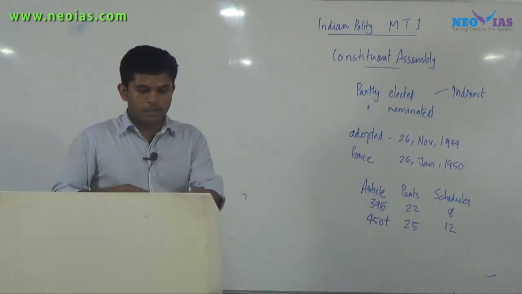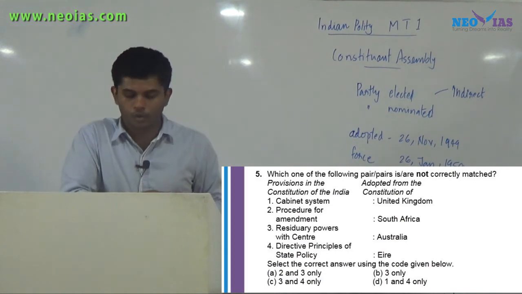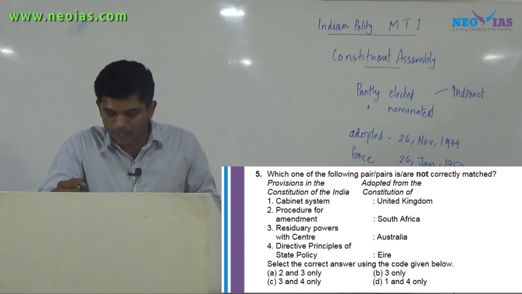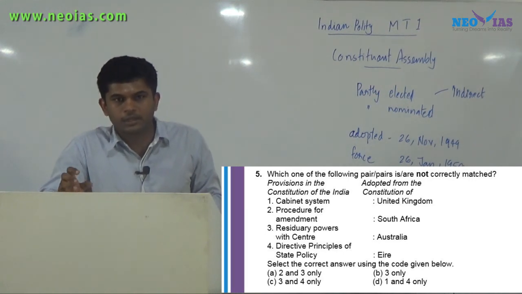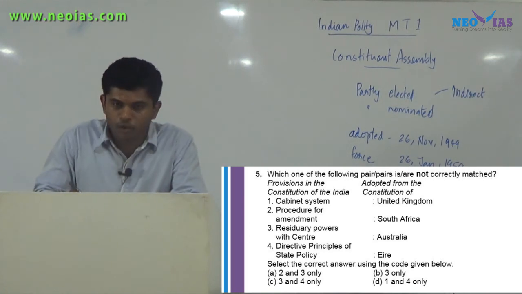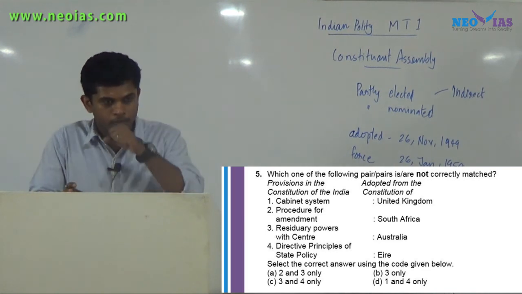Now we will go to the fifth question. The fifth question is about sources of the Indian Constitution, and it is also a statement-wise question, because 4 statements are there and you have to pick which is not correctly matched. There you should not miss the word not, and you have to give importance to not. If you do not give importance to not, your answer will be wrong.